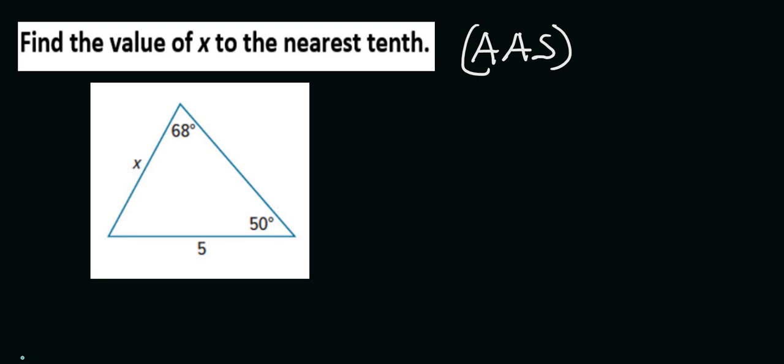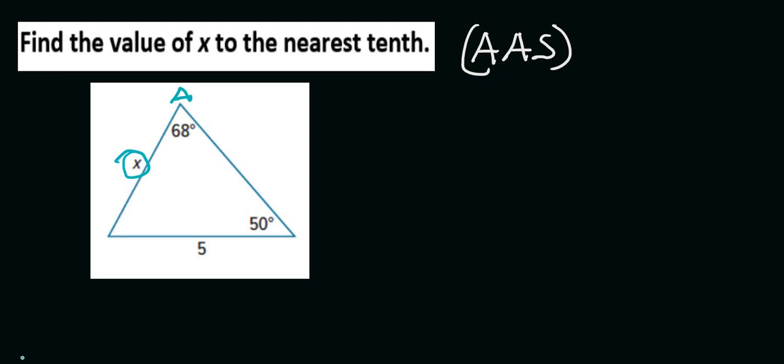Over here we have a question and it says find the value of x to the nearest tenth. And you can see we are given the unknown side to be x, and there are no uppercase letters. So all you have to do is use your discretion to write them.